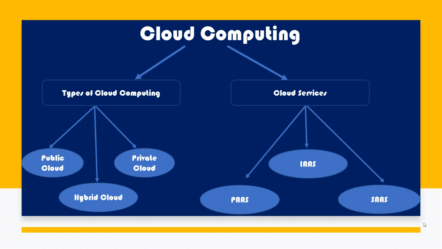Another one is software as a service. Here the software is included and available in the cloud itself. You can start to use the application, which is already developed and available there.